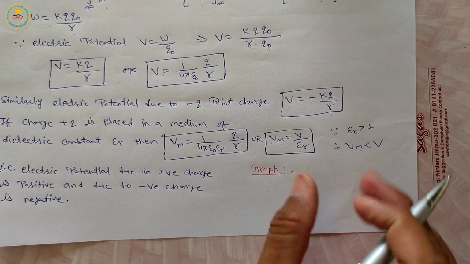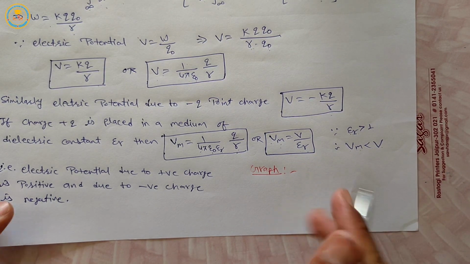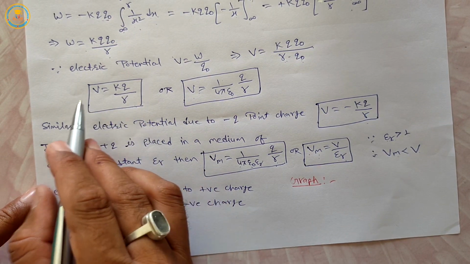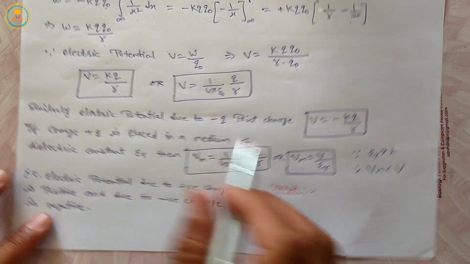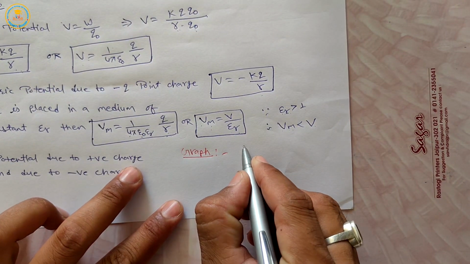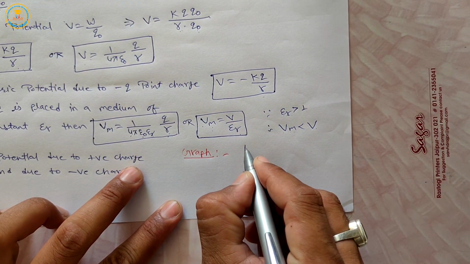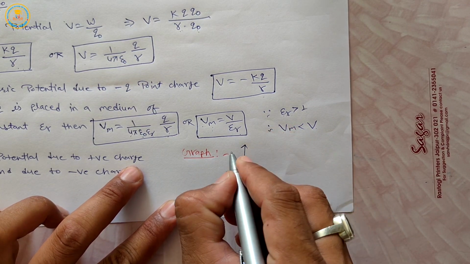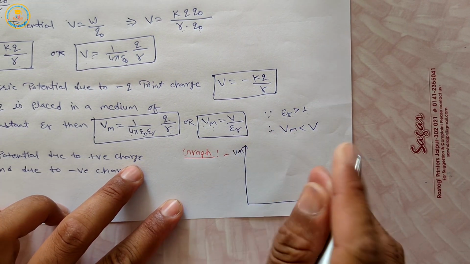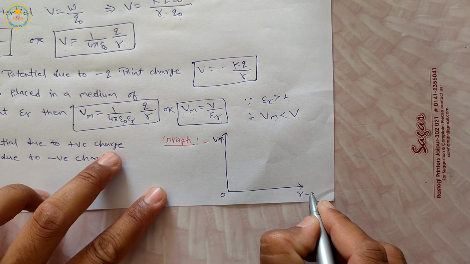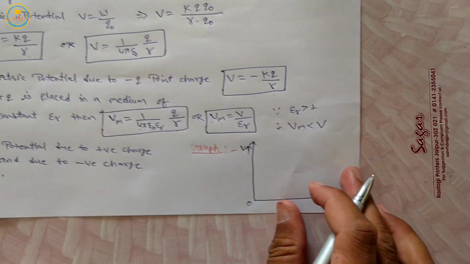Okay students, now we plot a graph between electric potential and distance. We take electric potential on the y-axis and distance on the x-axis.